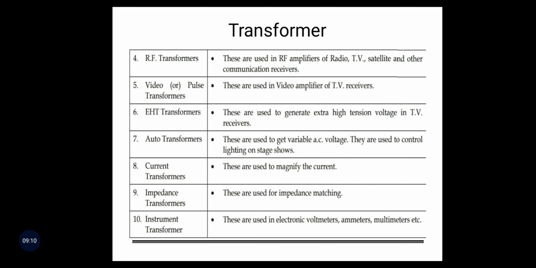Next one we are discussing about current transformers. The current transformers are used to magnify the current, or these current transformers are used to increase the strength of the current.